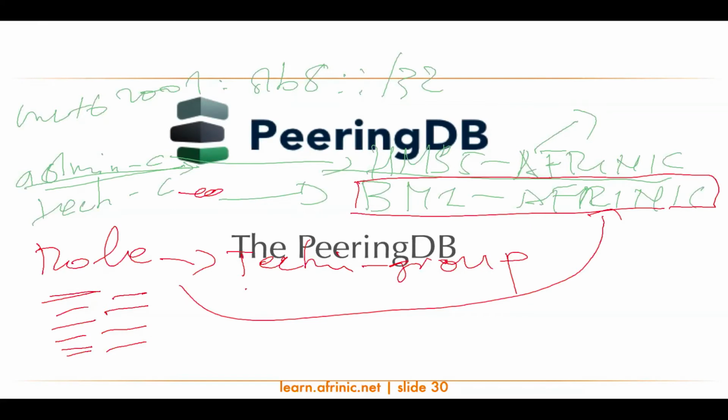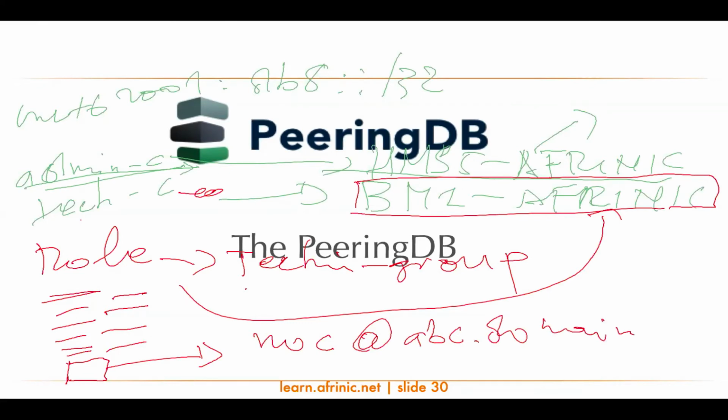And in this group role, the email of this role will actually be something like, let's say, noc@abc.domain. So if an email is sent to this group, all the members of this group will receive it. So it's actually recommended to tie groups to your resources instead of individuals.